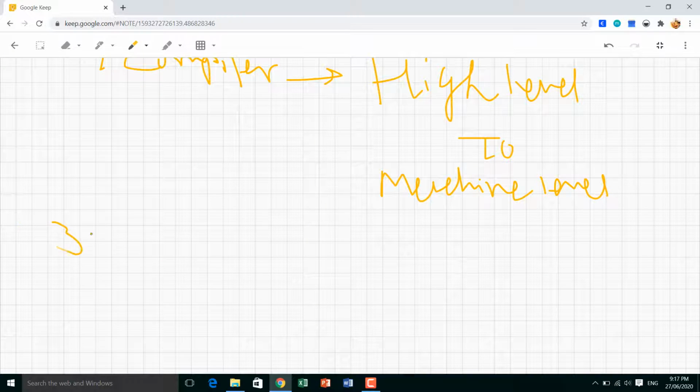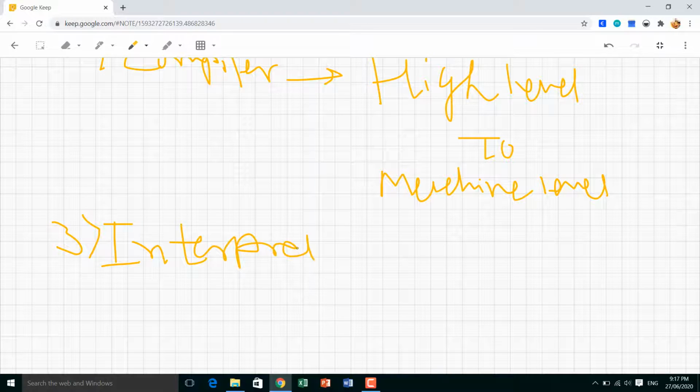Third one is the interpreter. The interpreter converts the program written in high level language to machine level language line by line.